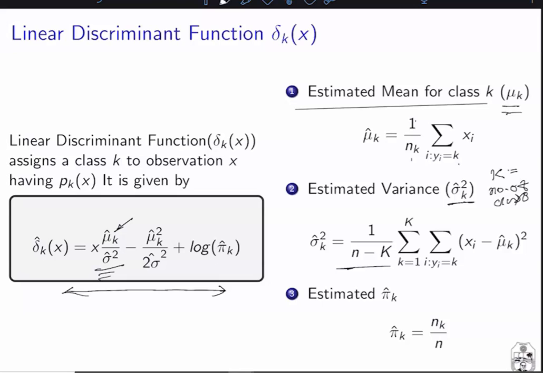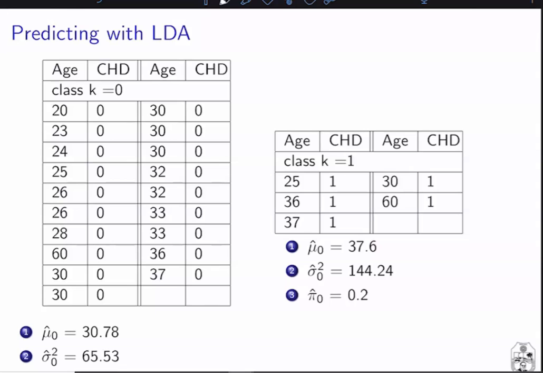And it is the sum of k equal to 1 to K; you need to calculate the variance by using this equation. Then the estimated pi k is nothing but the prior probability. It is also called the prior probability, and it is calculated like this. All these calculations I am now going to explain by giving one example.